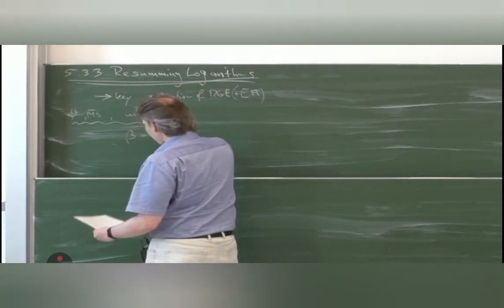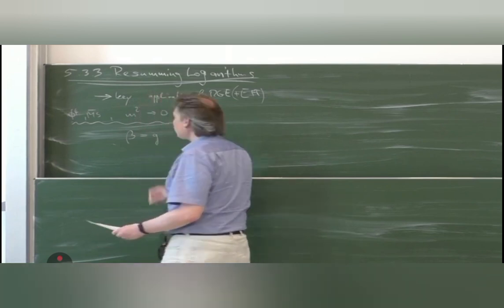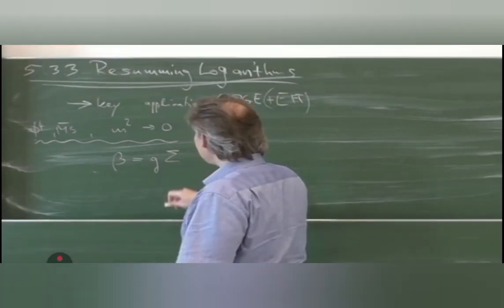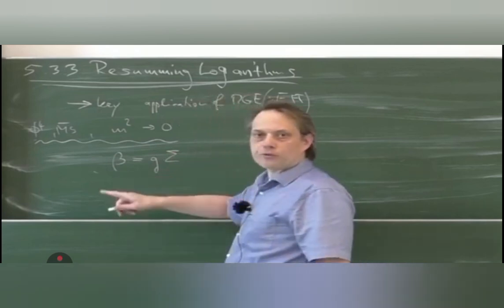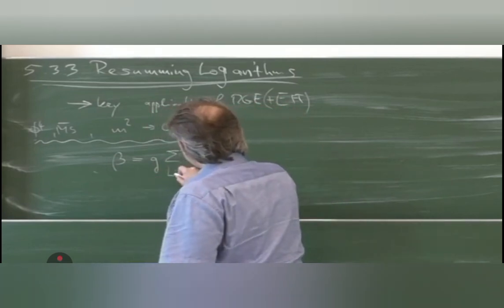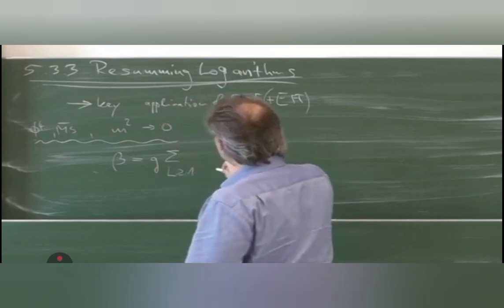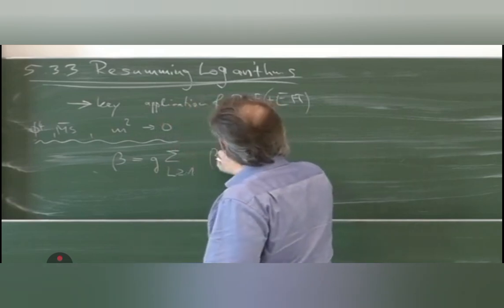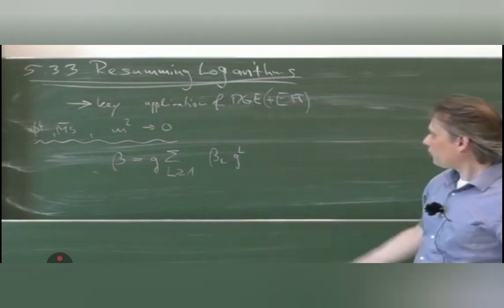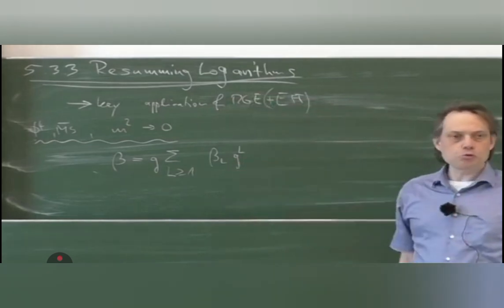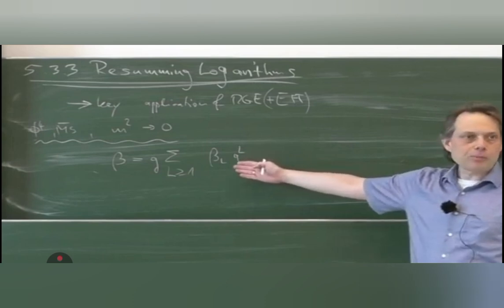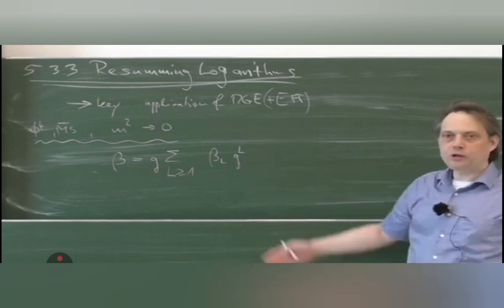The beta function gives the running of the coupling, and we write it as a power series in the coupling constant. It starts with the coupling to the second power, so a sum over L equal to 1 of the coefficient β_L times the coupling to the power L, and L stands for the loop order. At every loop order there is one additional power of the coupling, and at one loop order we have β_0.